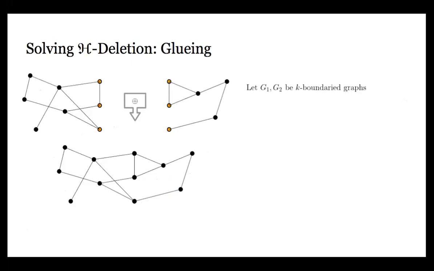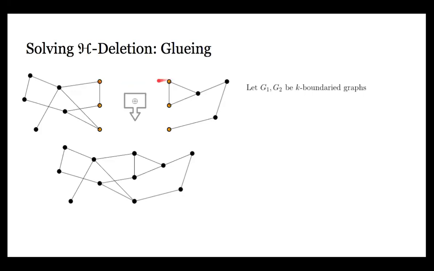related to the idea of gluing graphs. A k-boundaried graph is a graph with k specified vertices, which are labeled from 1 to k. And when we are given two k-boundaried graphs, we can perform a gluing operation.